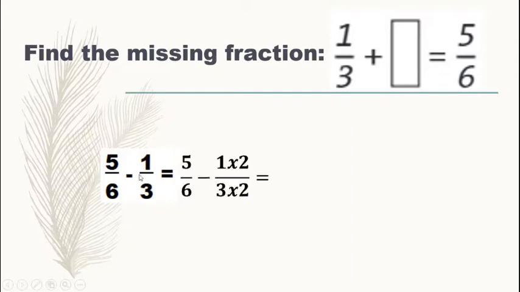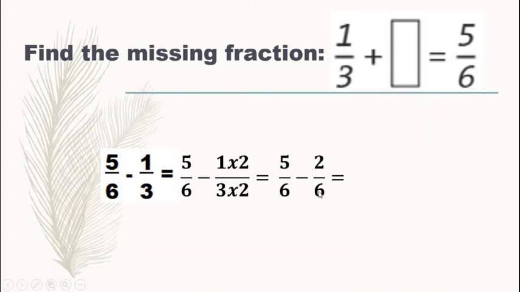How many do we need to multiply by 3 to get 6? It's 2. So we have 5 over 6 minus 1 times 2 over 3 times 2. So we copy our 5 over 6 minus 1 times 2, it's 2. 3 times 2, we got 6.